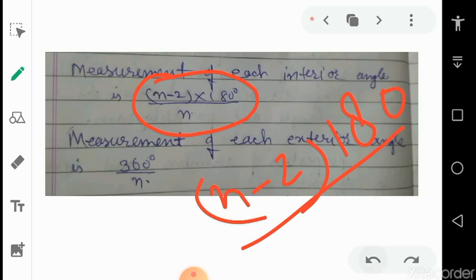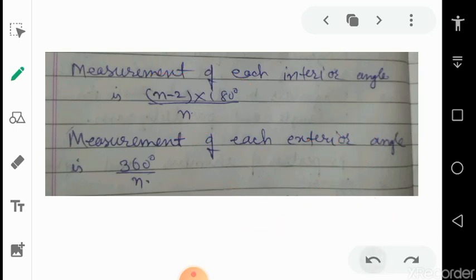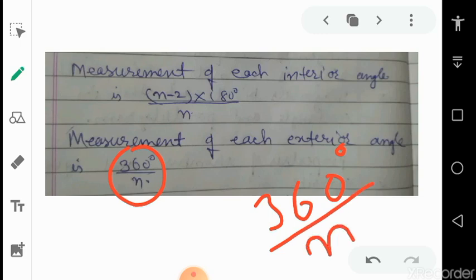Second one is the measurement of each exterior angle. As you know, the sum of all exterior angles is 360 degree, but the measurement of each exterior angle is 360 degree divided by n.